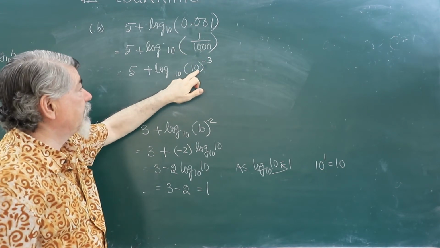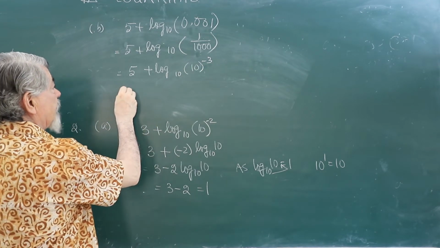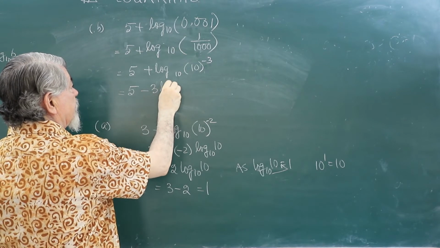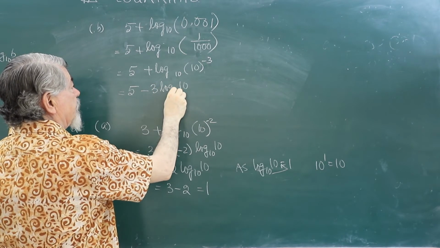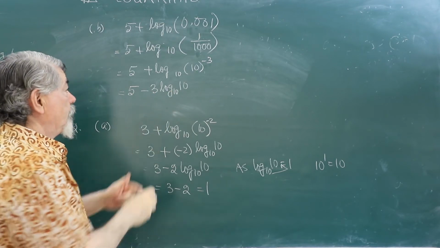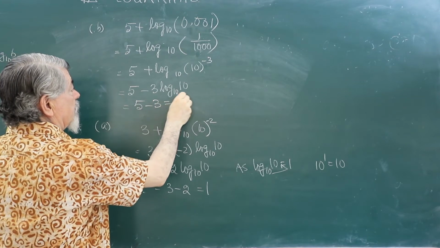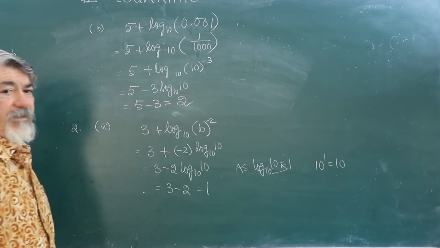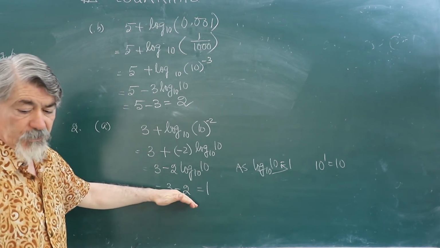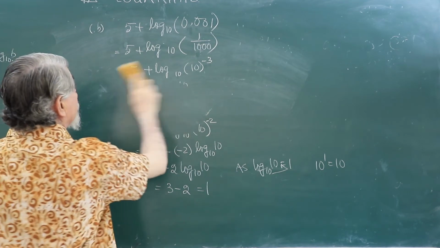It will become log 10 to the power minus 3 to the base 10. Then I apply the power law, and this minus 3 will come in the beginning: 3 log 10 to the base 10. And again log 10 to the base 10 will be 1. So 5 minus 3 will be 2. We get 5 minus 3 equal to 2, like 3 minus 2 was equal to 1 here. So we have been able to solve question 2.